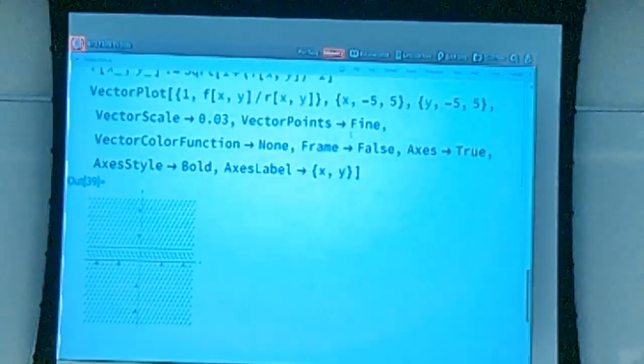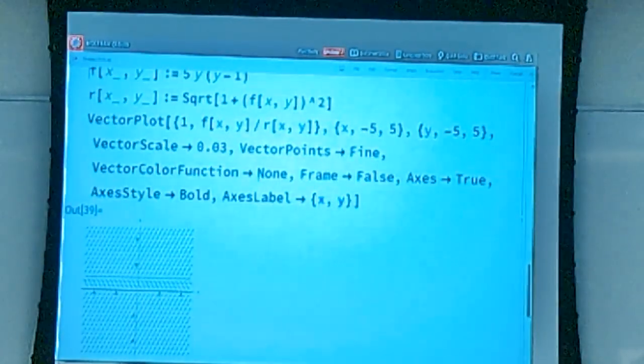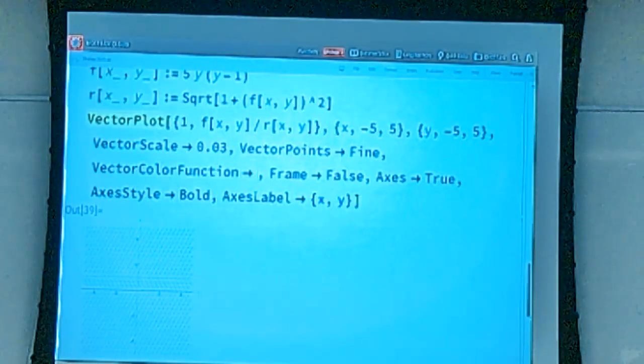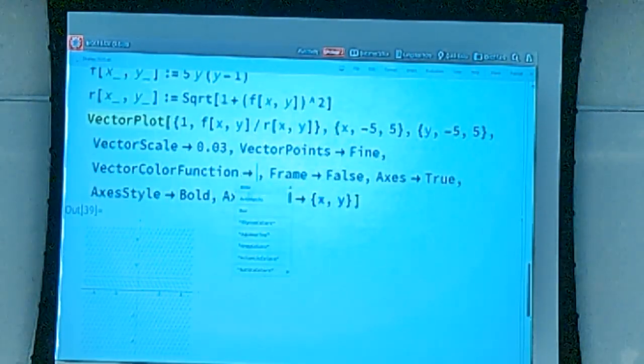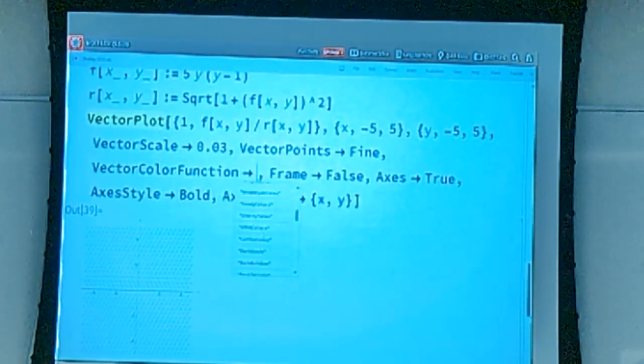If I come down to the vector color function, there's a bunch of options. Actually, it's not coming out now. You should see a list of all these. There's all cherry tones or something.